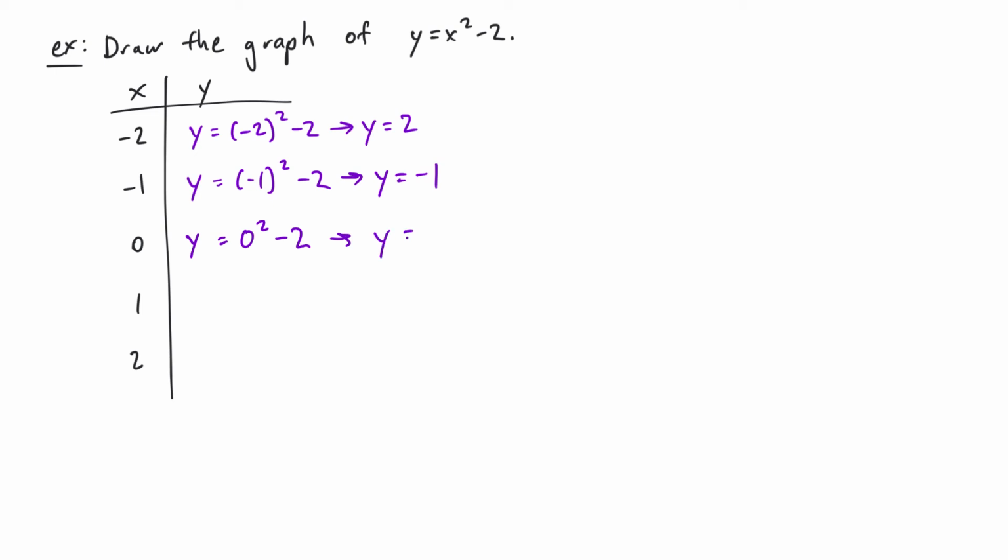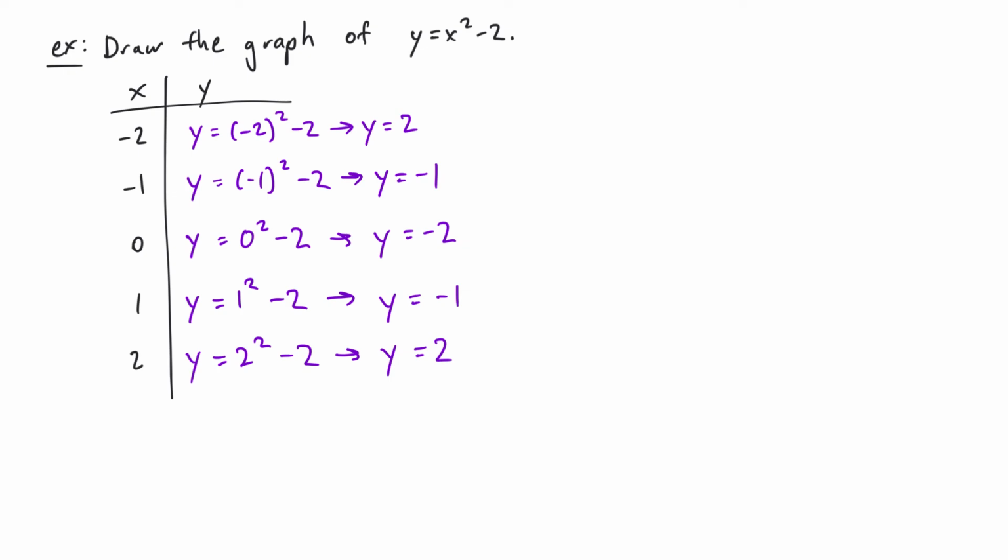Simplifying that, we get y equals -2. For x equals 1, we have y equals 1 squared minus 2, which gives us y equals -1. And lastly, for x equals 2, we have y equals 2 squared minus 2. So that's 4 minus 2, or y equals 2.